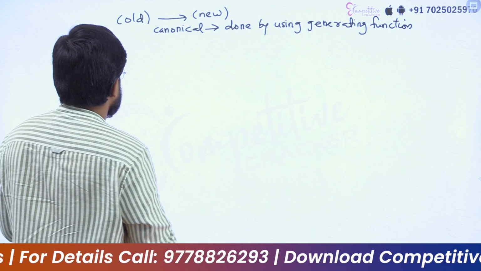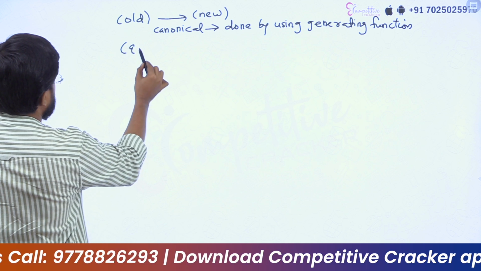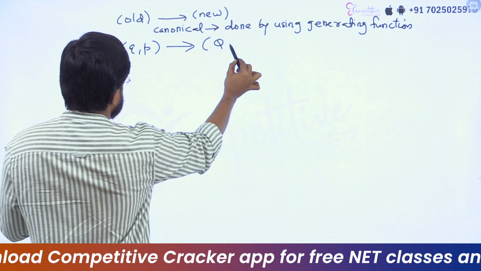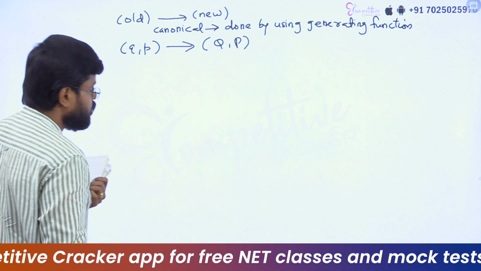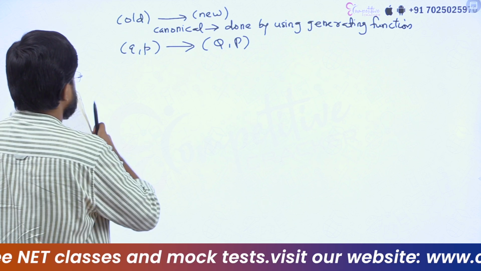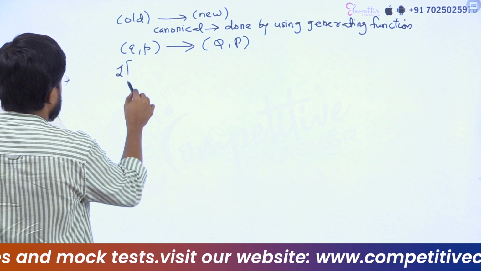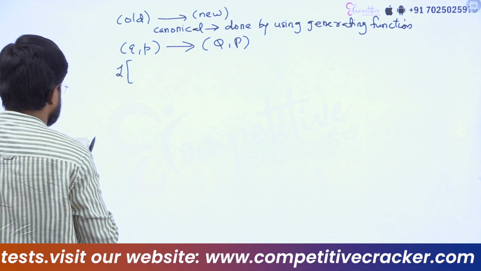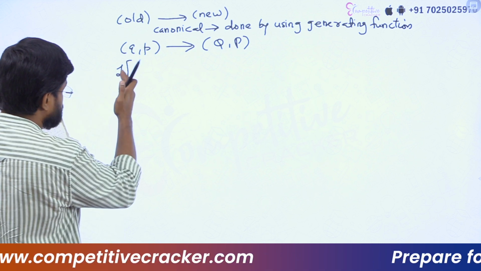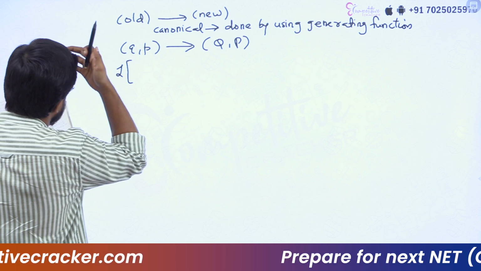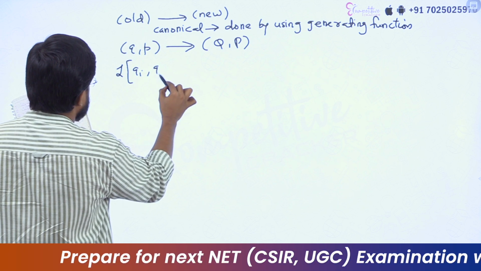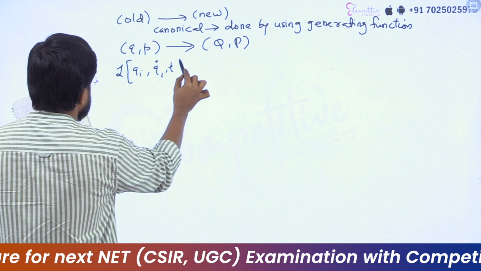So that means if you are transforming from an old coordinate system of small q, small p to a new coordinate system of capital Q, capital P. See, the Lagrangian of the old coordinate system, what are the variables on which the Lagrangian depends? Lagrangian depends on qi, qi dot and t, right?